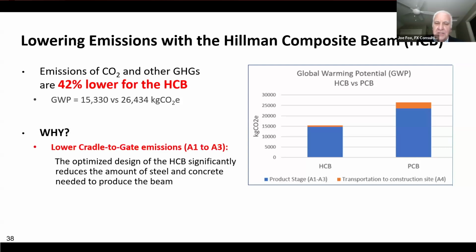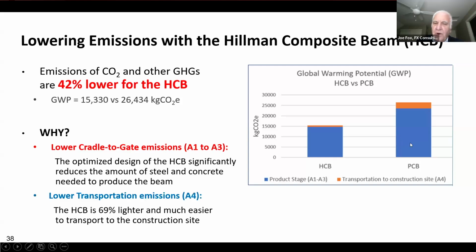Why is that the case? There are two reasons. First of all, as shown in the blue bars, comparing the blue bars, you've got lower cradle-to-gate emissions in those steps A1 to A3. Why? Because the optimized design of the beam significantly reduces the amount of steel and concrete needed to produce the beam. That's the blue part of the bars.